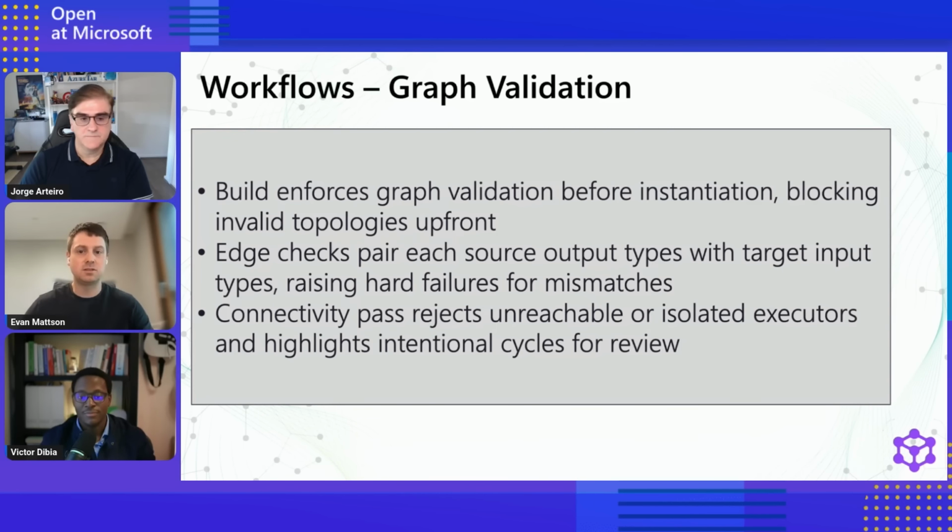And so along with just graph validation, we're doing edge checks, making sure that the particular edges can send that information to each other, and raising failures for mismatches. And then also, if you wired up a graph with potentially an infinite loop, we also want to help you understand that that could be an issue. It's okay to have cycles in graphs.